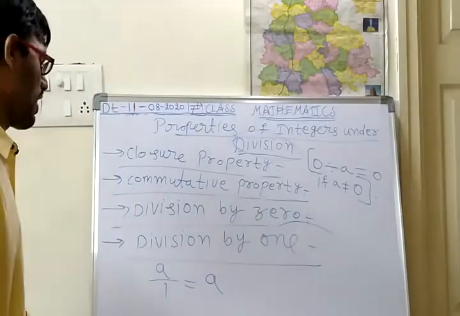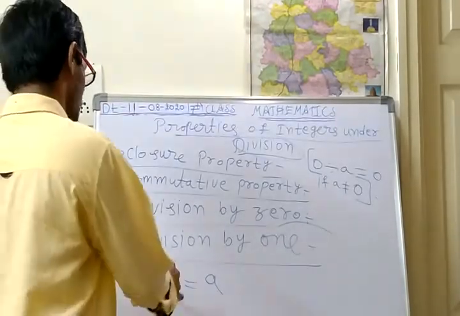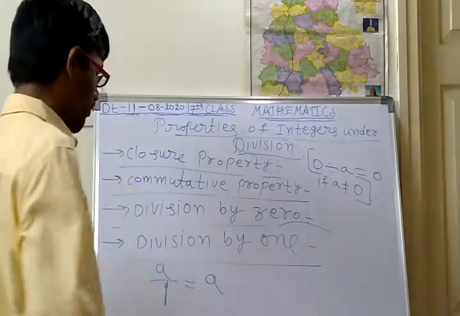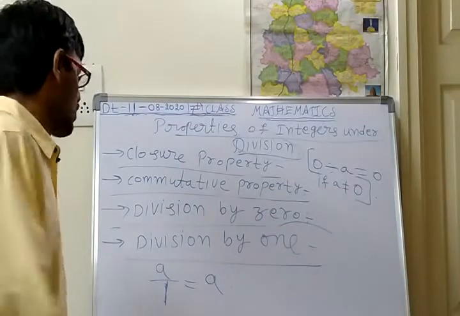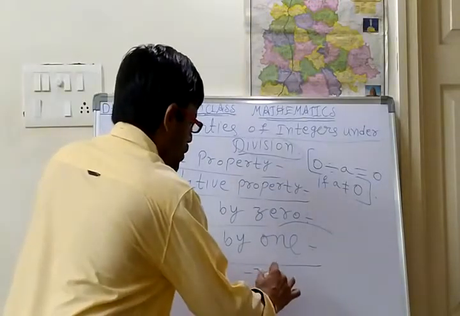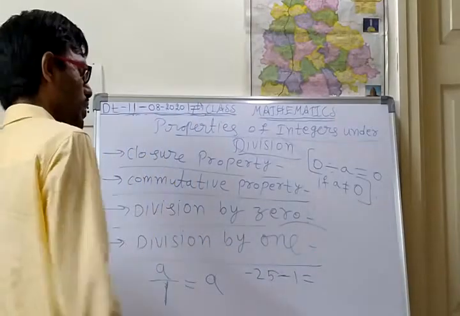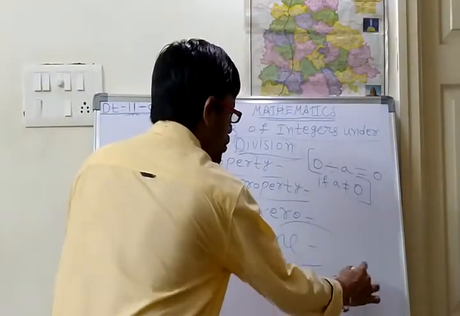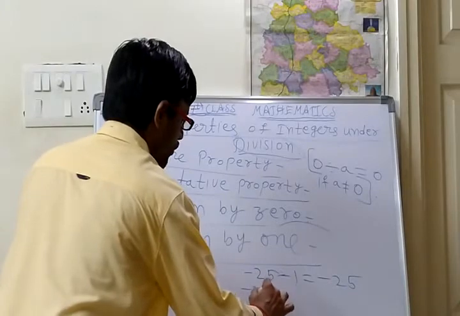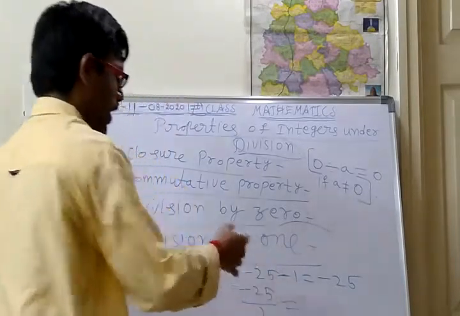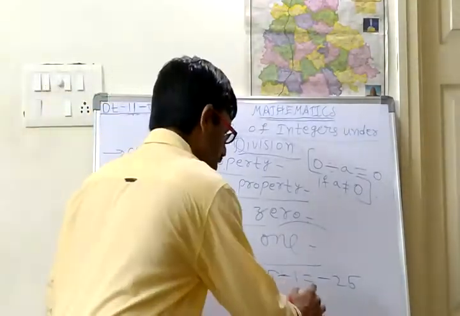Is it right? So like this, division by 1 is also satisfied. Suppose you take minus 25 divided by 1, what will become? The result is minus 25. So anything by 1 is anything only.